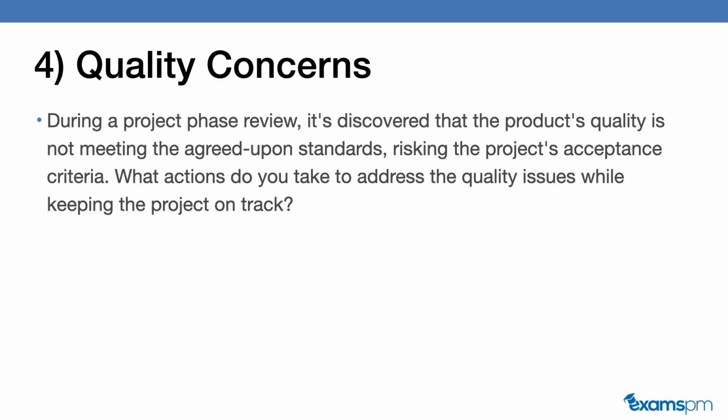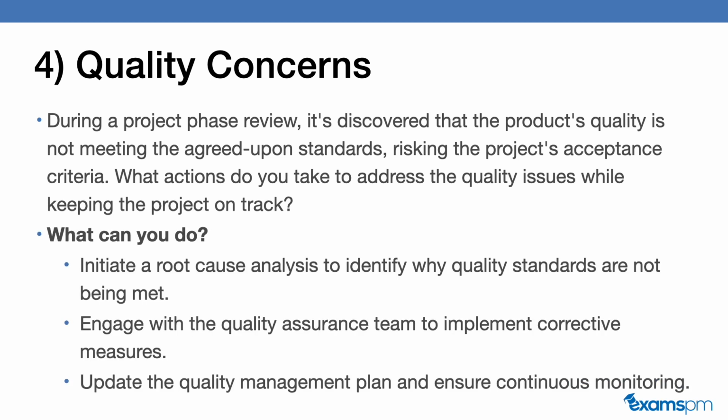So you, as a project manager, what actions can you take to address these quality issues while still keeping the project on track and not delaying it and not increasing the budget by a significant amount? So if you run into a question around this, what you could do is, one, identify the root cause of what's causing that quality standards to be not up to par.